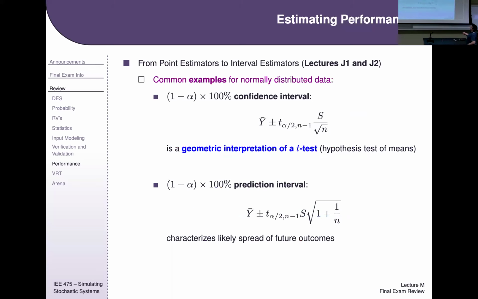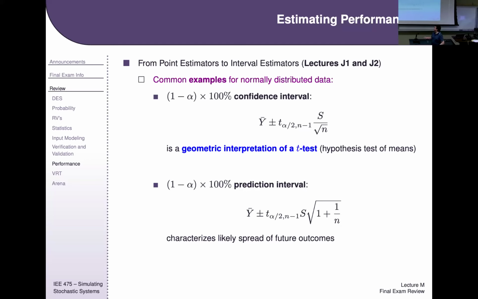So what are the two intervals that we care about? Confidence interval is the big one, and then prediction interval is also important. I haven't stressed it very much in this class, but it becomes very important in other applications, because if you're trying to plan, it's good to know. In the case of confidence interval, this is more like understanding, if I'm estimating the average wait time in general for my system, that's useful for operations research.